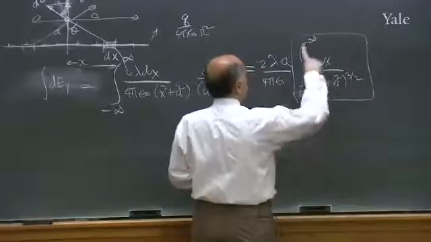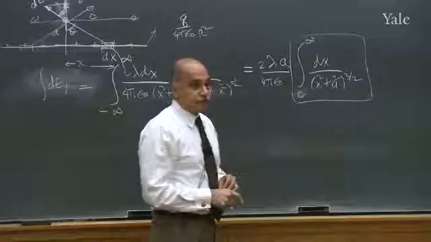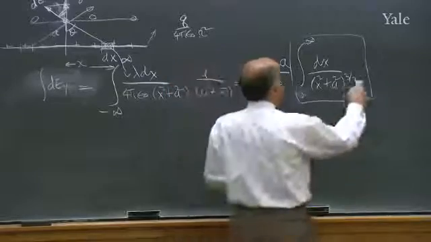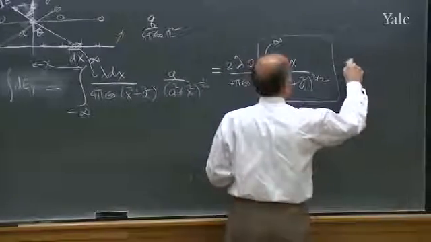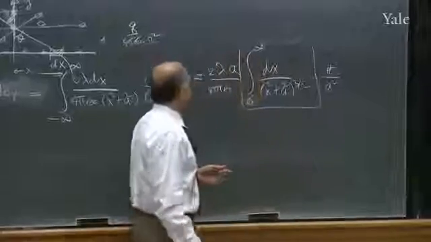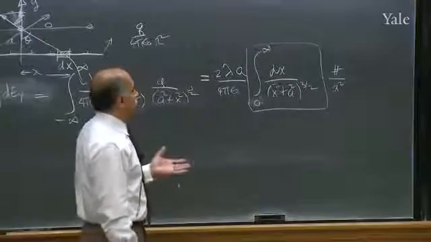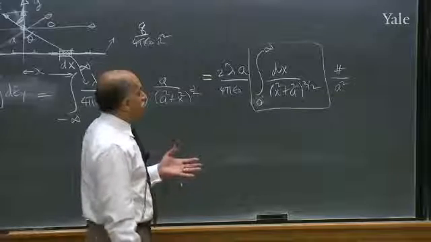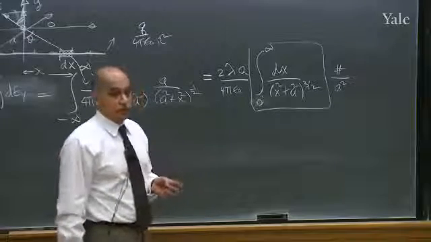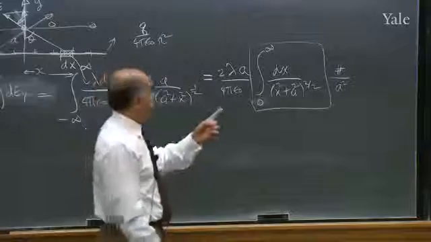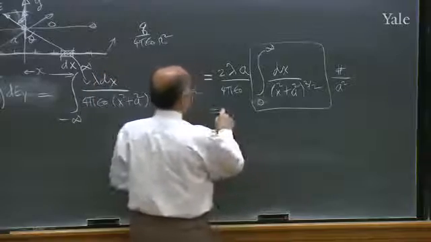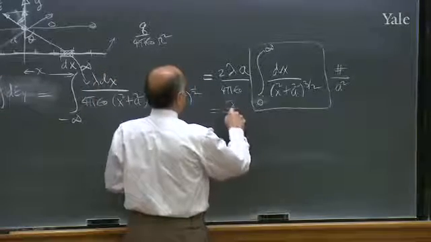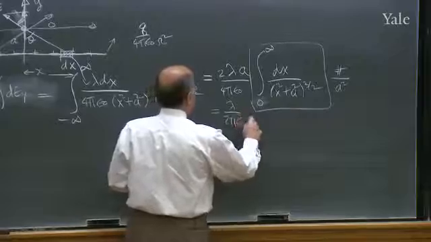So the whole thing should look like something over length squared. The only length I have is A, so it's going to look like 1 over A squared times a number. Once you've got the number, you're done. So I'm going to do all the work now to show you that the number is actually just 1. This number will turn out to be 1, in which case you will find it's lambda over 2 pi epsilon 0 A.